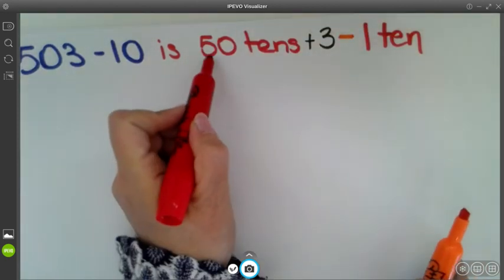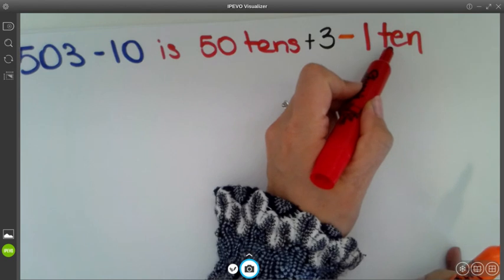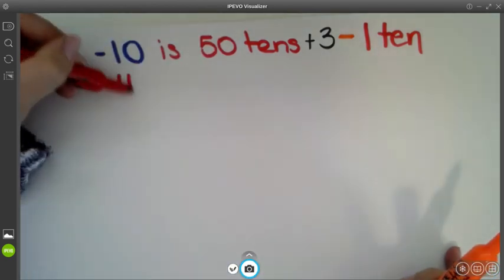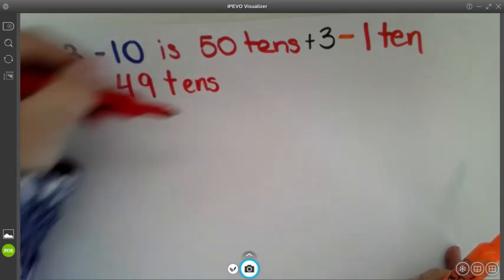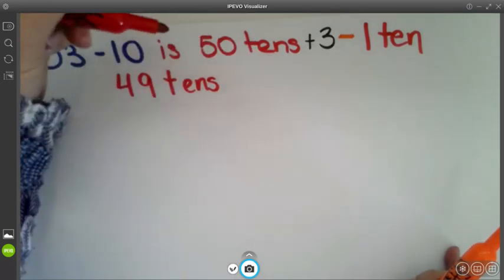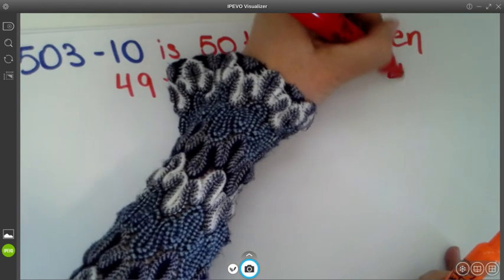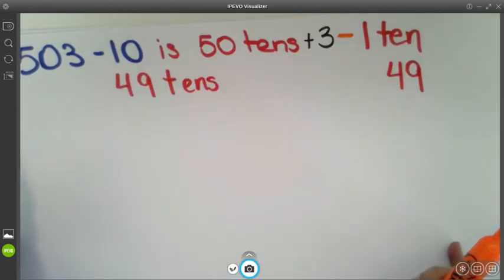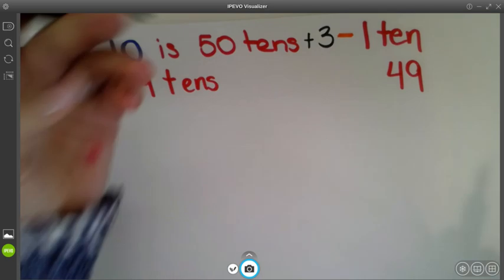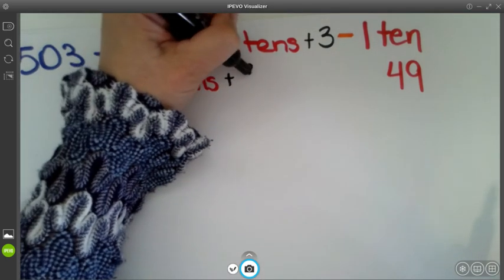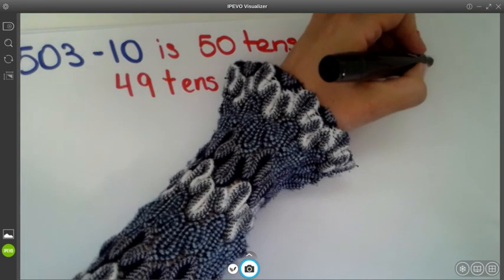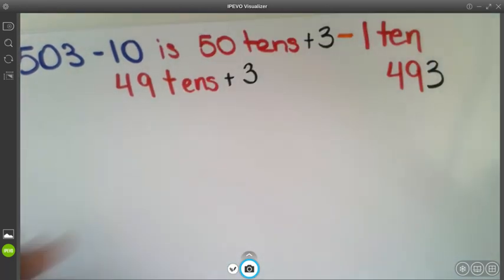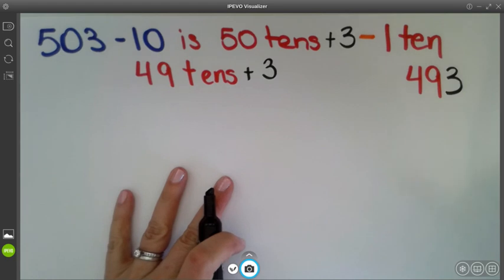Okay, so 50, take away 1 is what? 49 tens. Okay, which is the same thing as 490. But you still have to add back that plus 3. So 493. How fun is that?